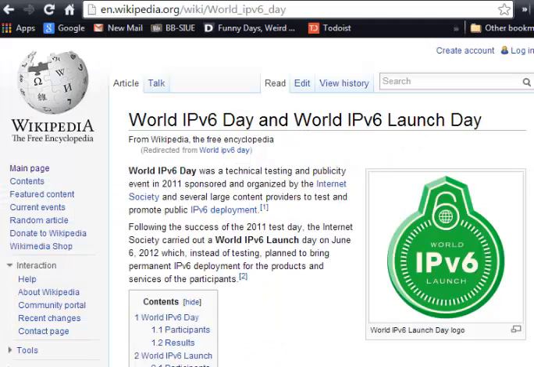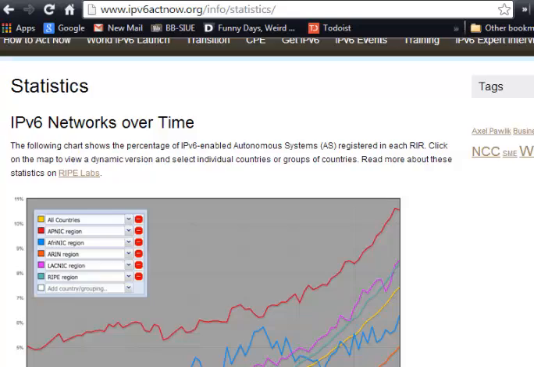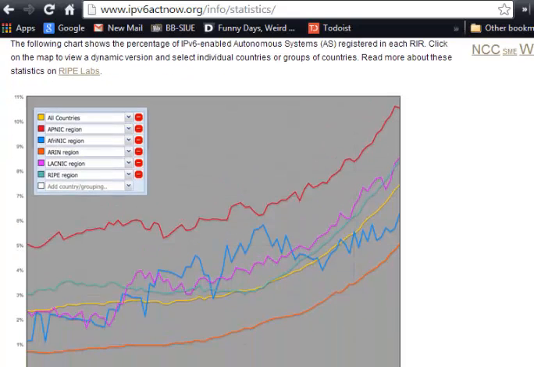and let me show you some statistics here on the rate of adoption. This shows the lines growing for different regions, but notice even up here you're only at 10-11%. There's my timer.